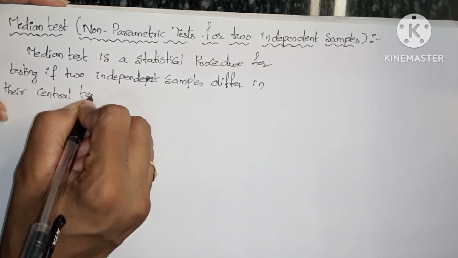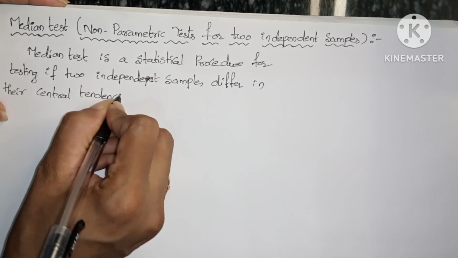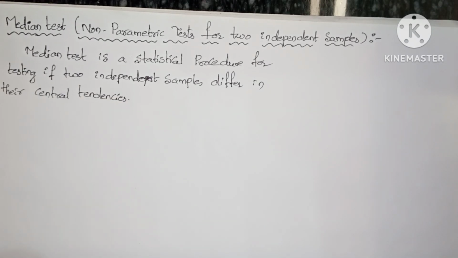Central tendency in the sense of what? Nothing but the median. The median is one of the measures of central tendency. So this median test is used to test whether the two different samples have the same median or different medians.